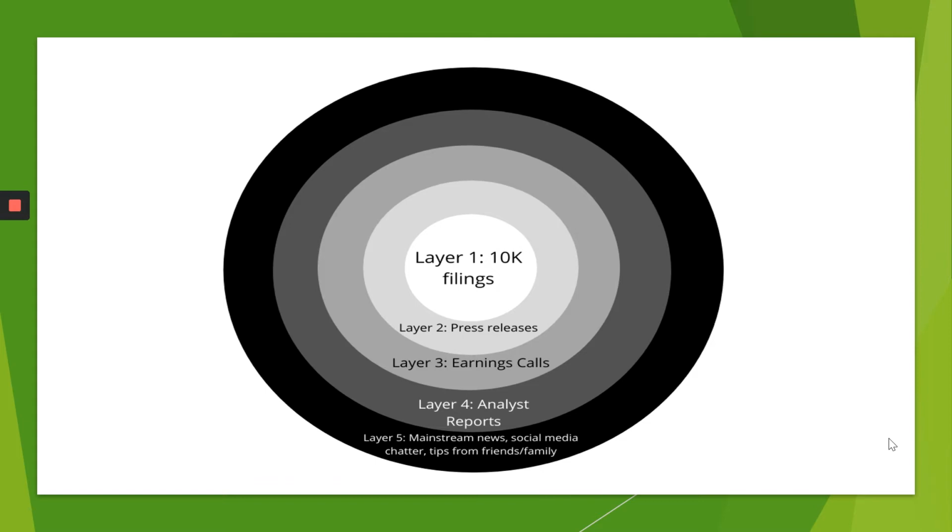Whereas if you went to layer 1, which is the 10K filing, you would see a very, very different reaction. Some of these airlines have massive debt levels. Some of them have had to lay off huge numbers of staff. Many of them say that they're only going to be operating at half capacity for the indefinite future.